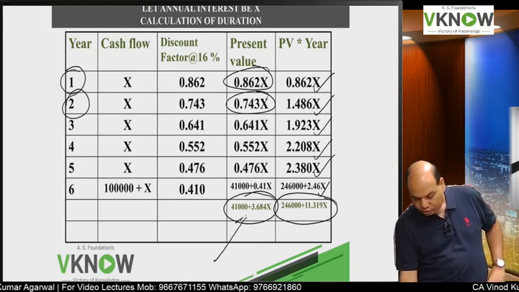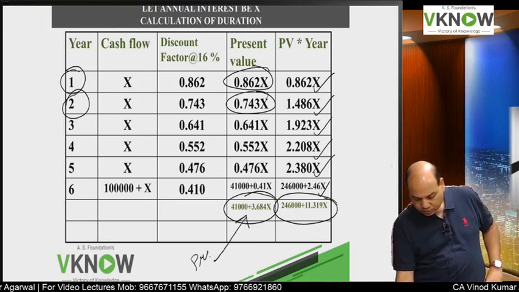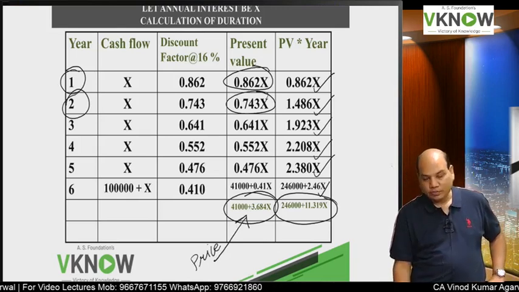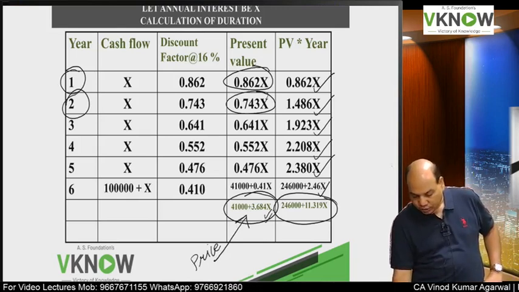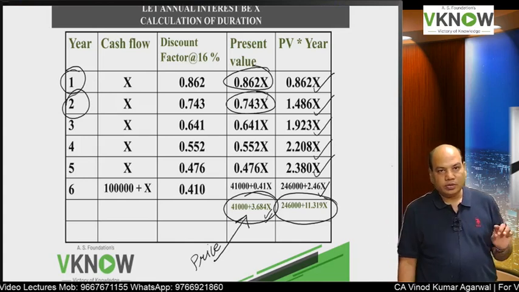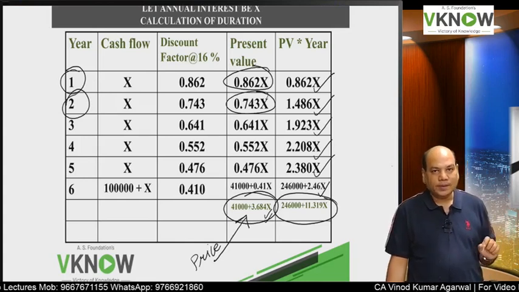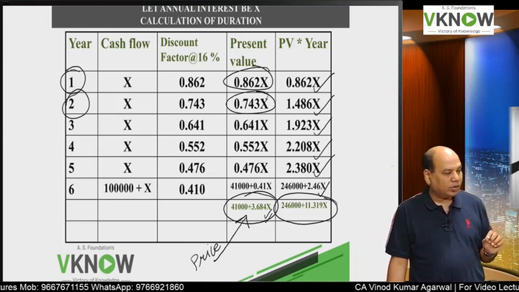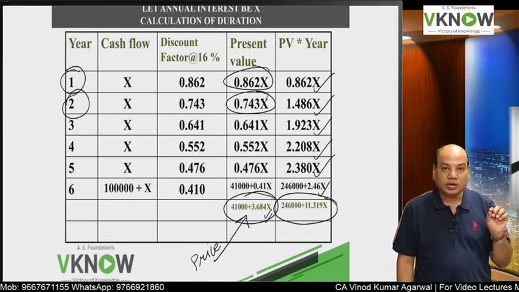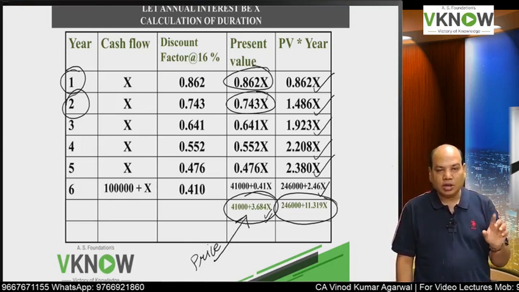This column total represents price of the bond today. So after getting the value of X, put the value here and you will be able to calculate the price of the bond today, and that will be your final answer, and you will get 6 full marks.